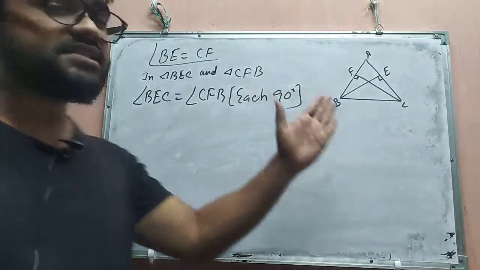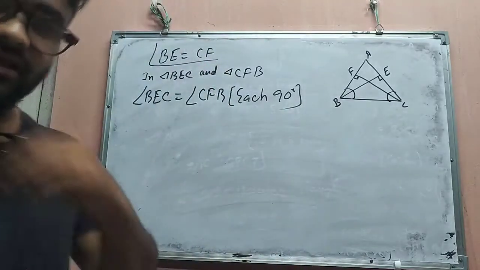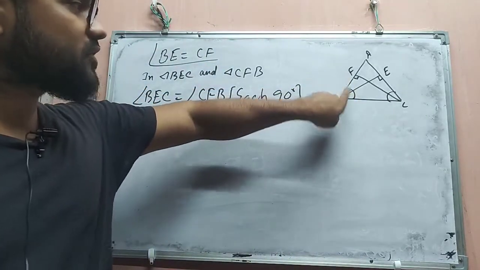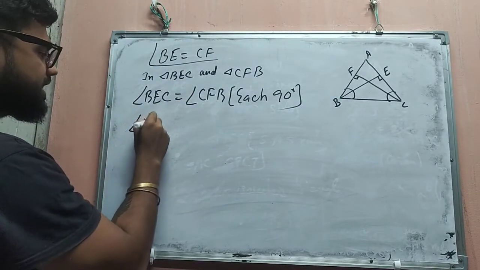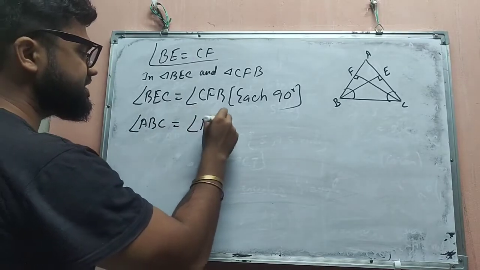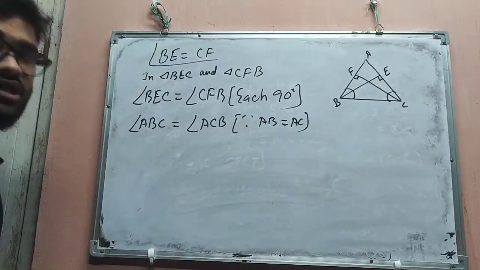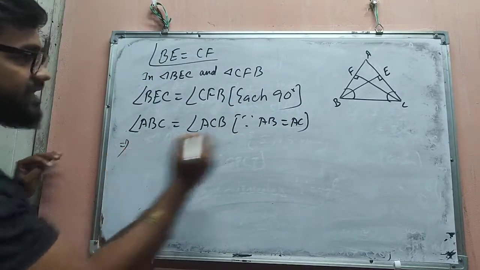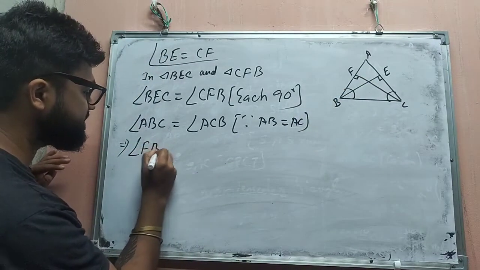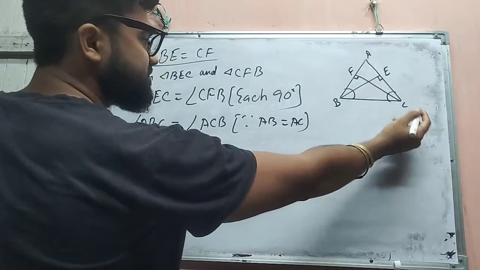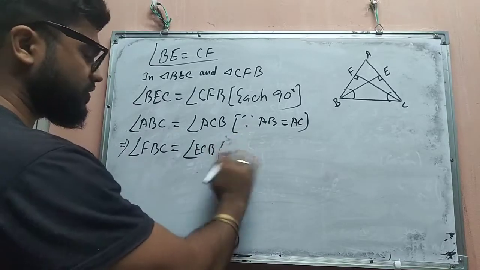Clearly ABC is an isosceles triangle, so angle B and angle C will be equal. Angle B is a part of triangle BEC. So you can write angle ABC equal to angle ACB, since AB equal to AC, therefore they are the opposite angles of equal sides. In short, we can write FBC equal to ECB.